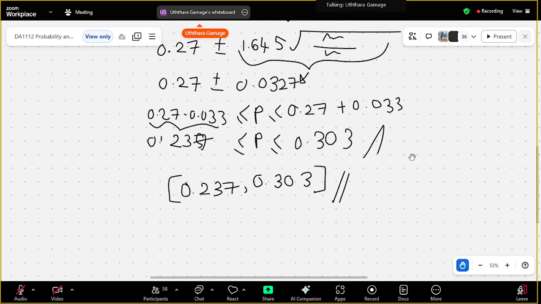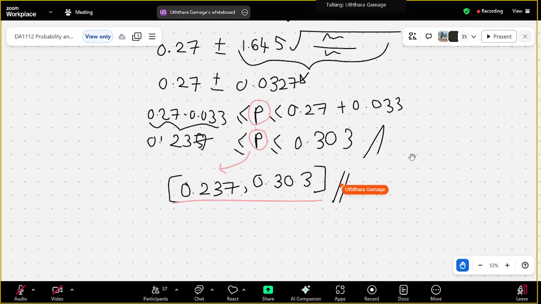The formula is what matters, right? Sample proportion we have to find out. Alpha will be given, n will be given, right? To find the range for population proportion. That means we are confident that this population proportion will lie between this range, right?